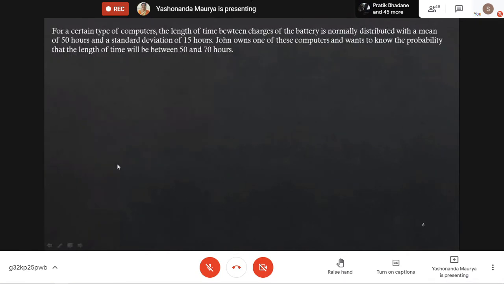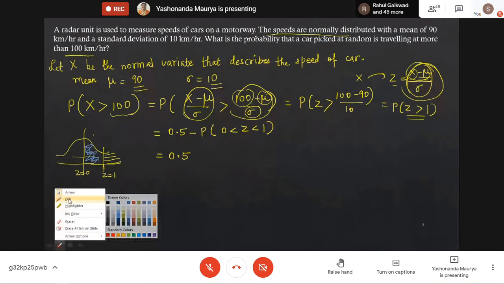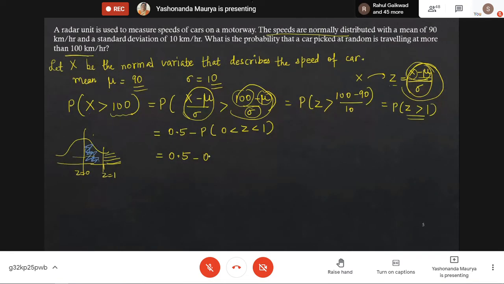Just check the table and tell me the answer, because when I'm switching, it is making some problem over here. 0.3413, sorry.